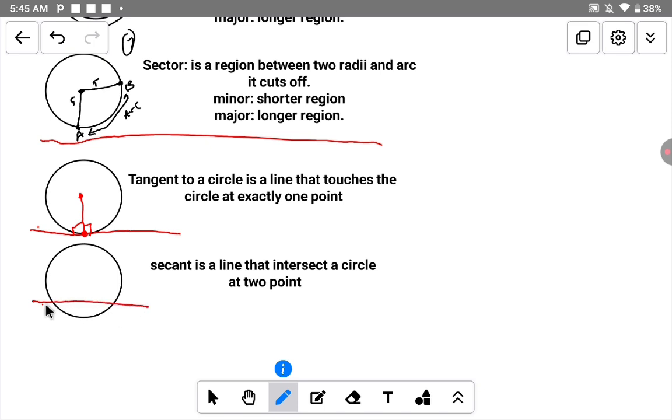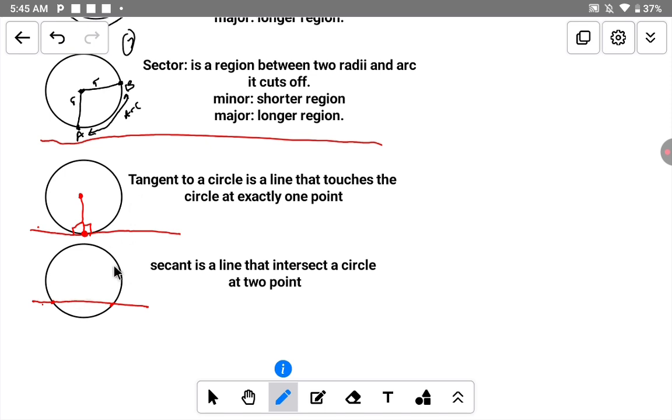If you look at it now, a chord touches two points of the circumference, but a secant moves from outside, so the line will be outside the circle, while a chord is within the circle. A secant touches two points and extends outside the circle. So that is what a secant is.